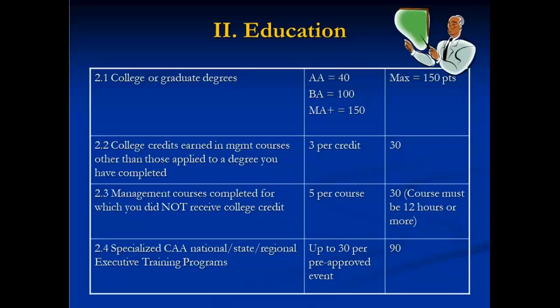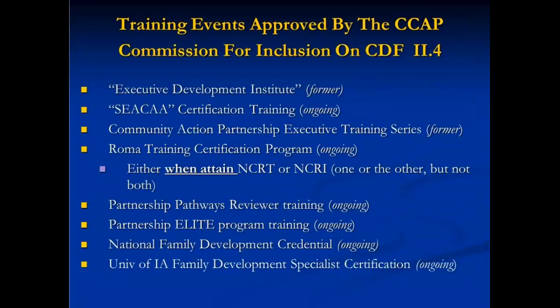Let's go on to Section 2.4. This one is very specialized. This one, 2.4, recognizes certain programs that have been specially developed to train community action leaders in comprehensive skills needed for doing the work of community action.